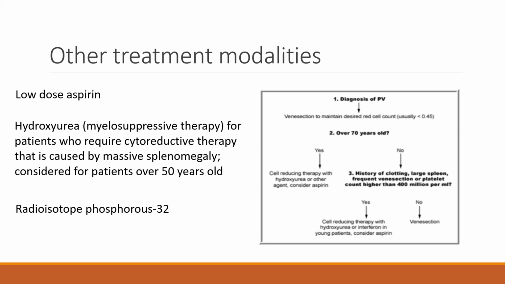As mentioned, the other treatment modalities include low-dose aspirin, and the use of hydroxyurea, which is a myelosuppressive therapy for patients who require cytoreductive therapy caused by massive splenomegaly, considered for patients over 50 years old. And in the past, some doctors used radioisotope P32 to treat the disease as well.